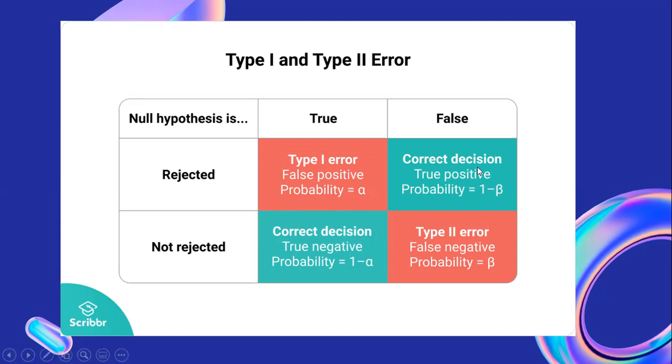And your correct decision will be accepting your alternative hypothesis, though it is false. But if your null hypothesis is true and it is not rejected, then that is already your correct decision. But when we say type 2 error, your null hypothesis is false and yet you accept it, then we have the beta or the type 2 error.